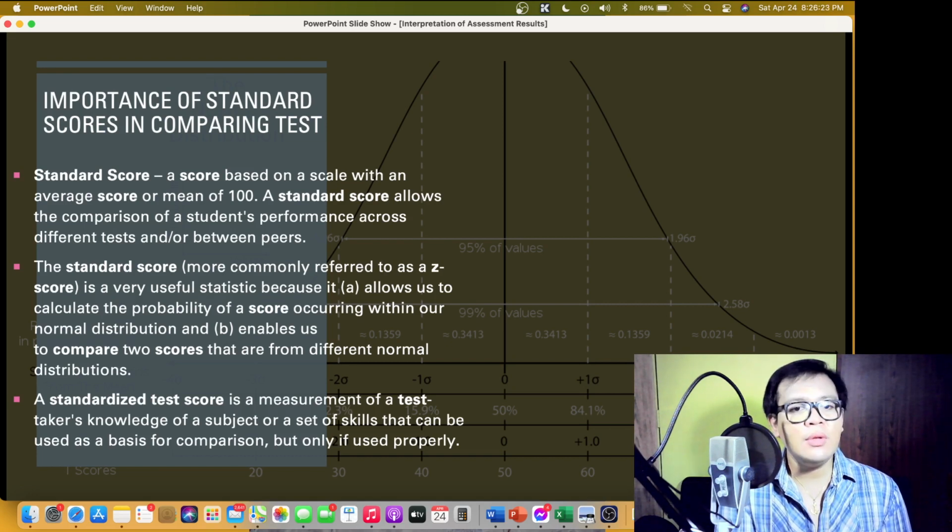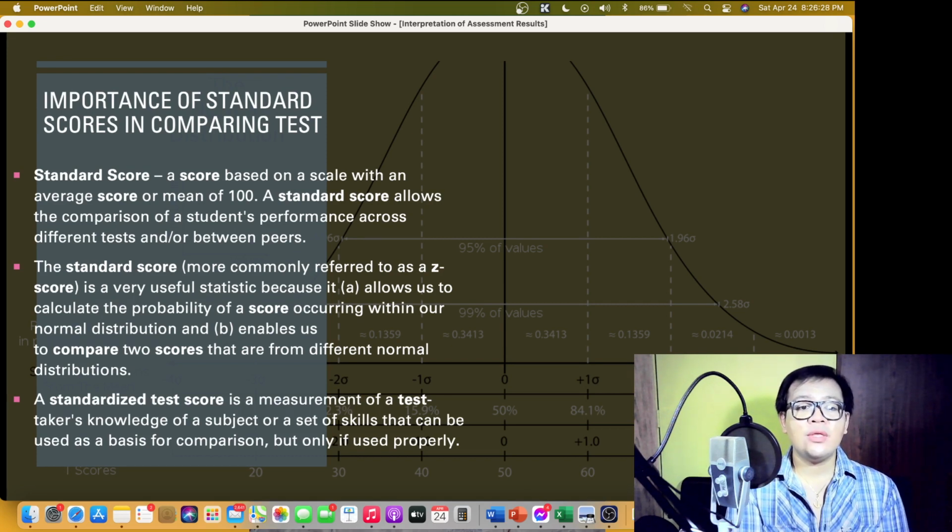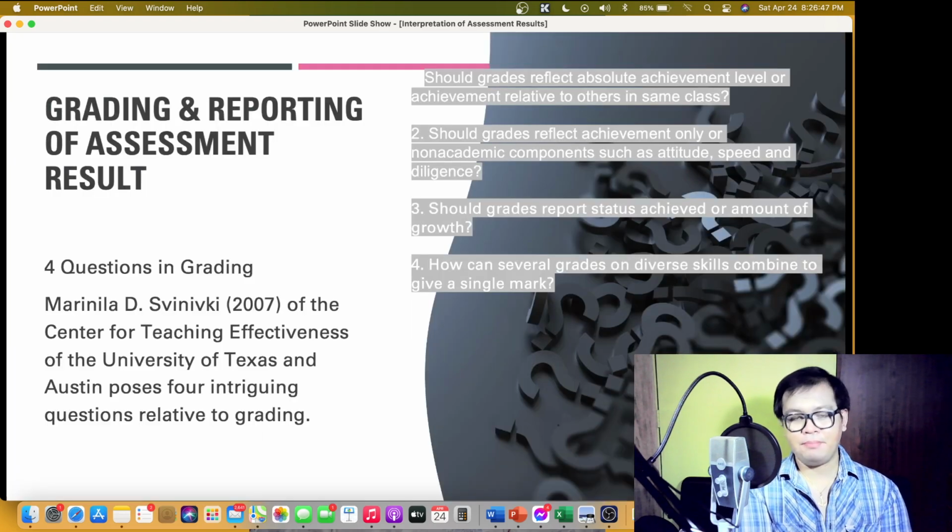This is helpful because it allows us to calculate the probability of the score occurring within the normal distribution and enables us to compare two scores from different normal distributions. Standard test scores measure the test taker's knowledge of a subject or a set of skills and can be used as a basis for comparison, but only if used properly.